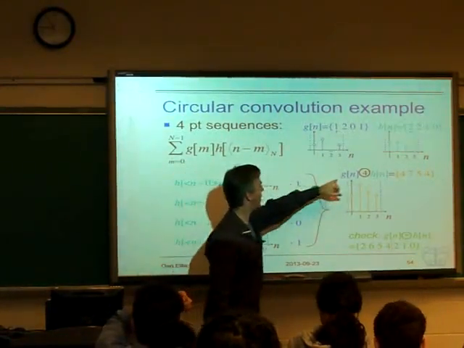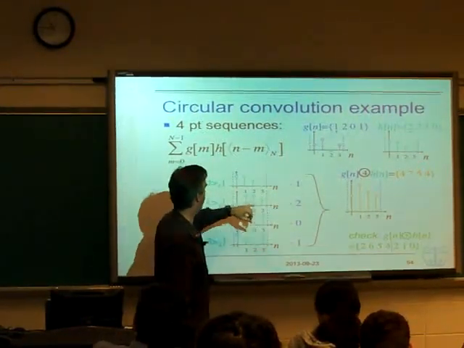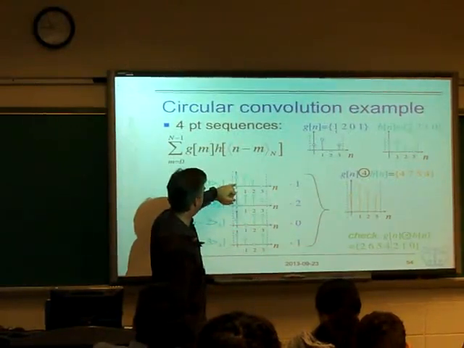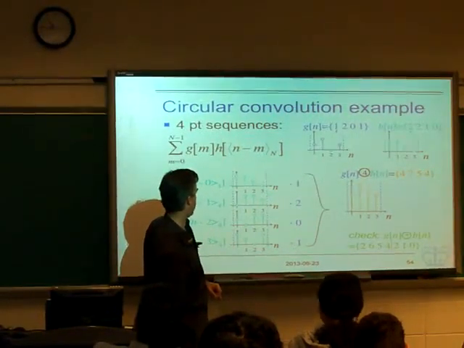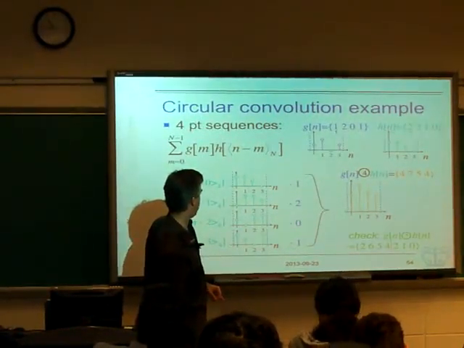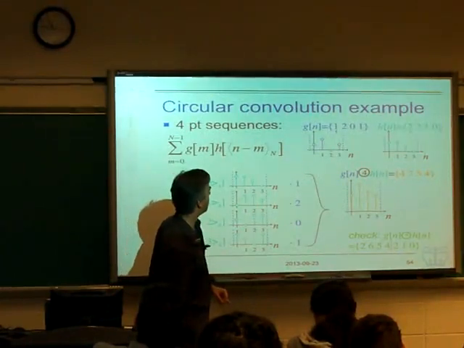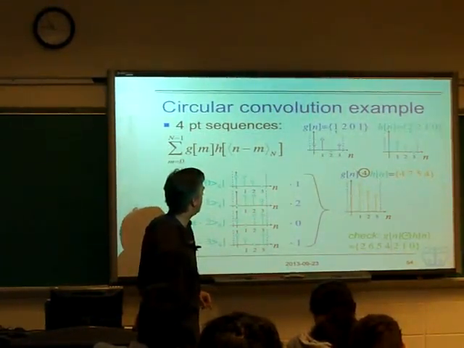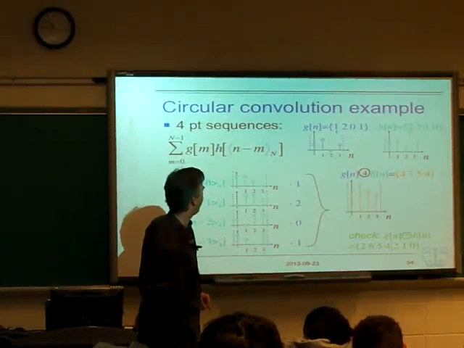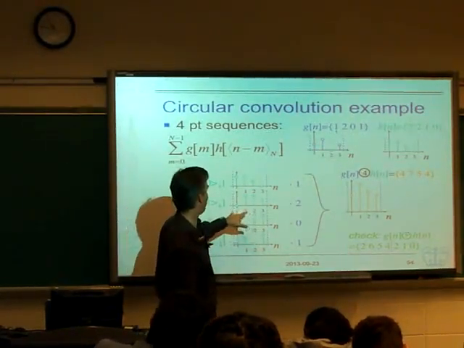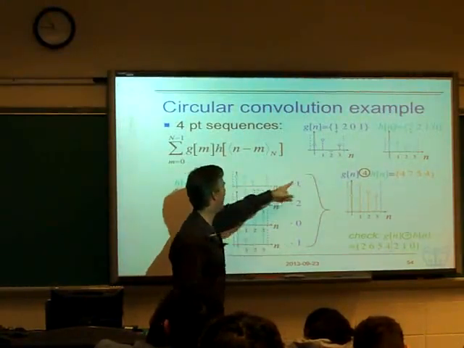So the 4-point convolution here is this... that's not right. What happened? Oh, right, I've got to apply these scaling factors.